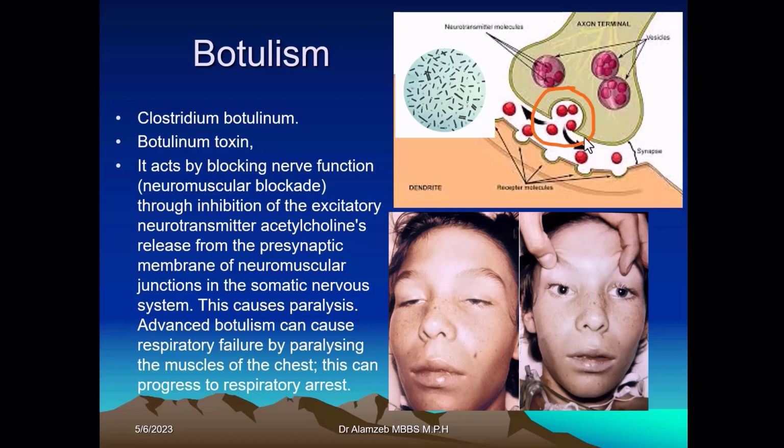In this condition, acetylcholine is prevented from being released into the synaptic cleft. In botulism, the vesicles are prevented from releasing their neurotransmitter, and when there is no acetylcholine, the receptors on the muscle fiber have no acetylcholine for stimulation, so contraction will not occur, and this leads to paralysis of muscles.